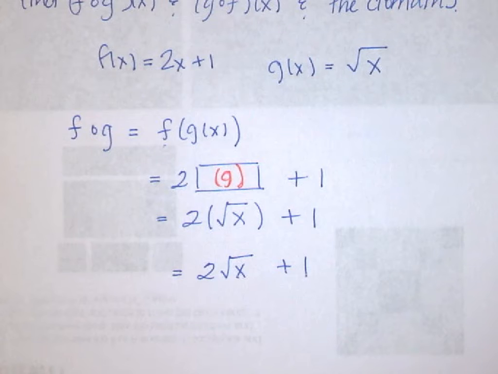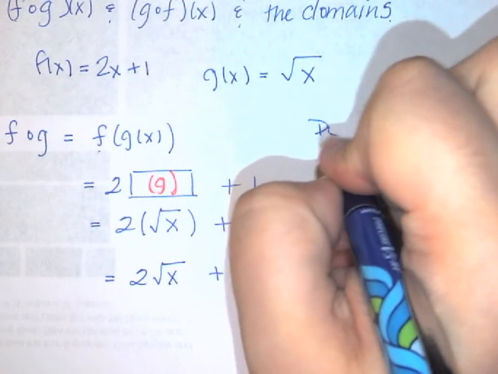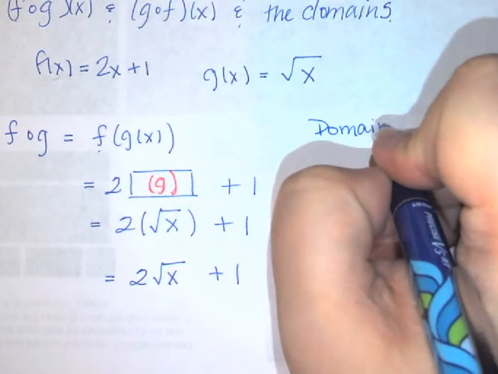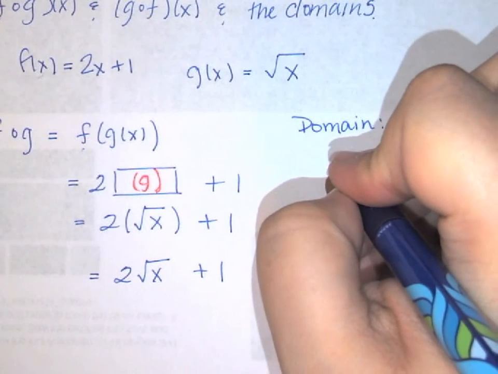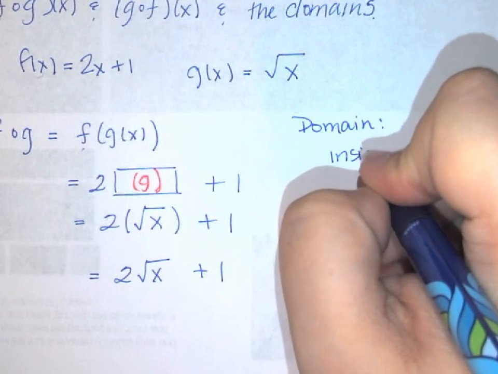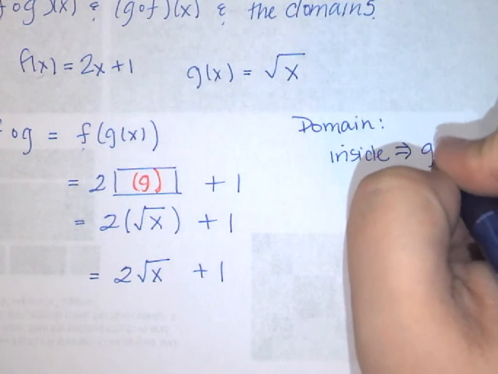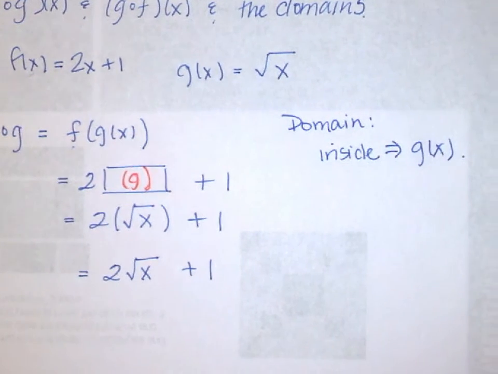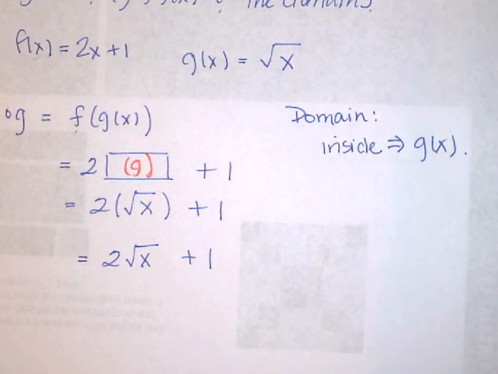Okay. Now if I want to look at the domain of that, the first thing I have to consider for my domains, okay, is I have to consider the domain of my inside function. So my inside function was going to be g of x. So the first thing I have to look at is the domain for g of x. So in this instance, g of x is a radical.